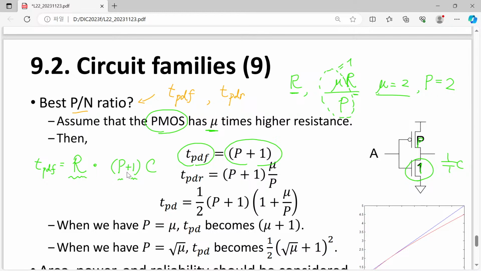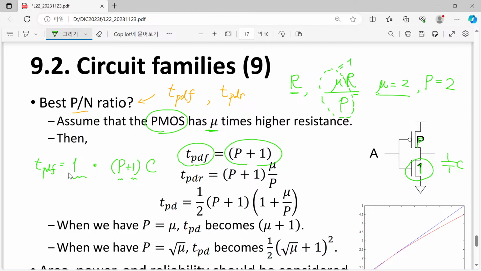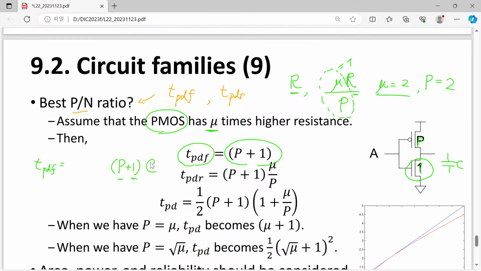Their own diffusion capacitances are shown here. So we just understood this RC. That's the reason why we have written it this way, P times P plus 1.